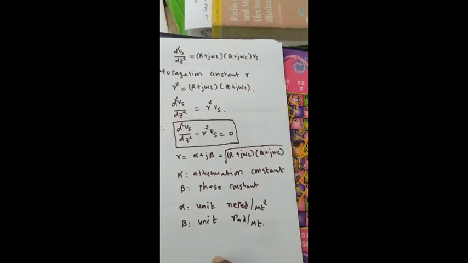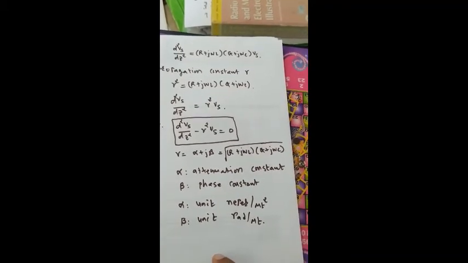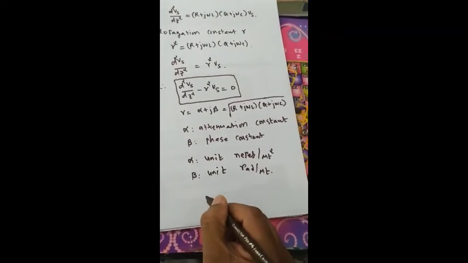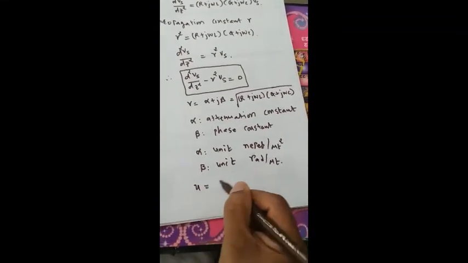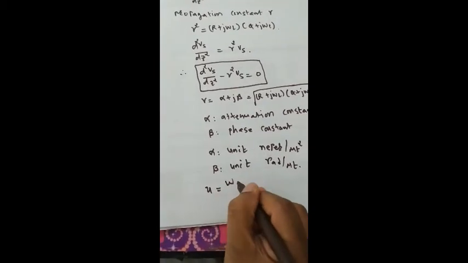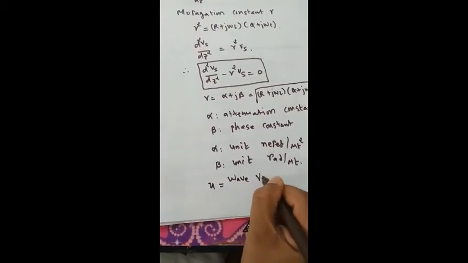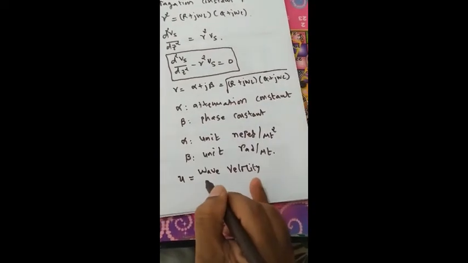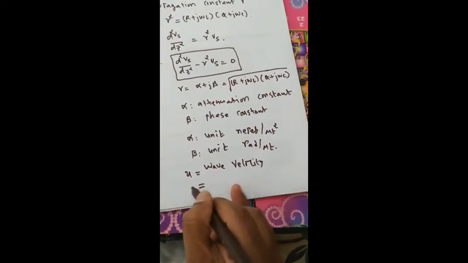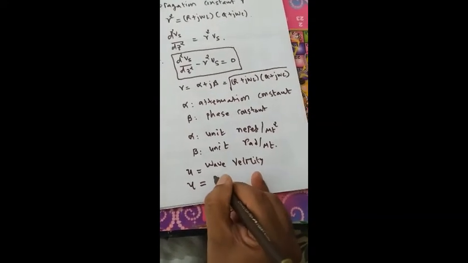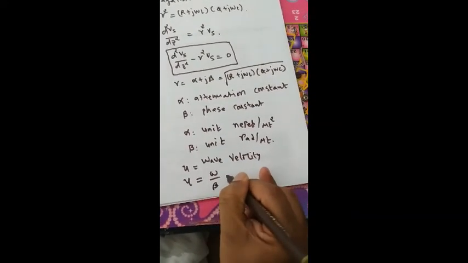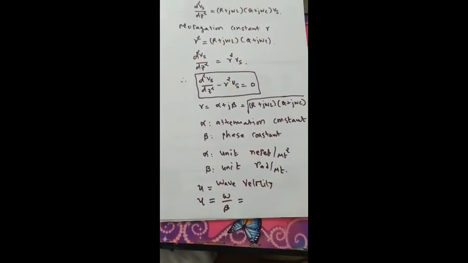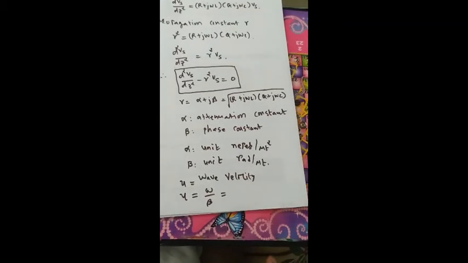Wave velocity, u, can be defined as omega by beta, where omega is the angular frequency while beta is the phase constant.